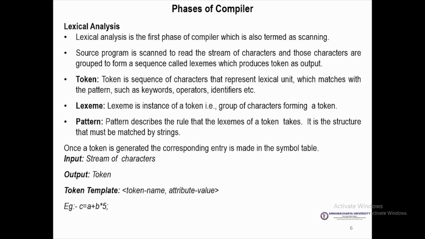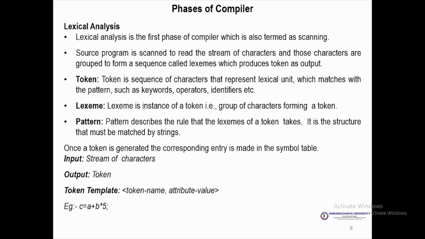Pattern. A pattern describes the rule that the lexemes of tokens follow, and it is the structure that must be matched by strings. Once a token is generated, the corresponding entry is made in the symbol table.